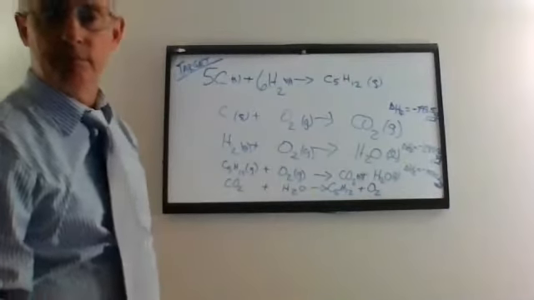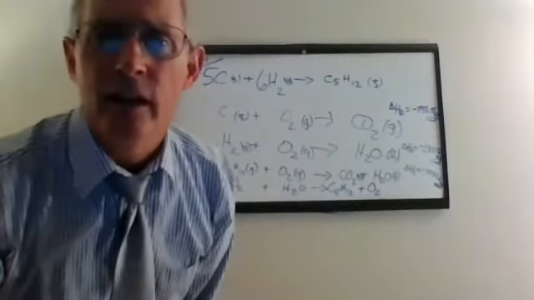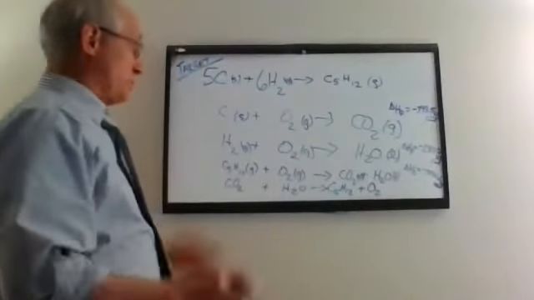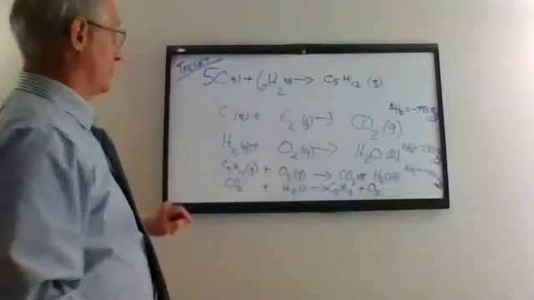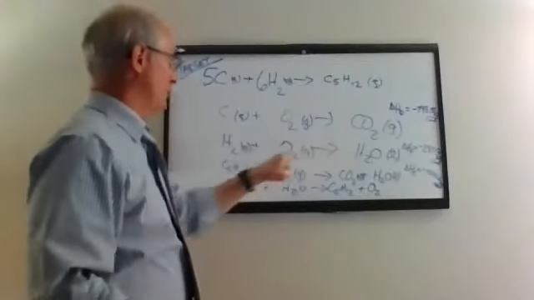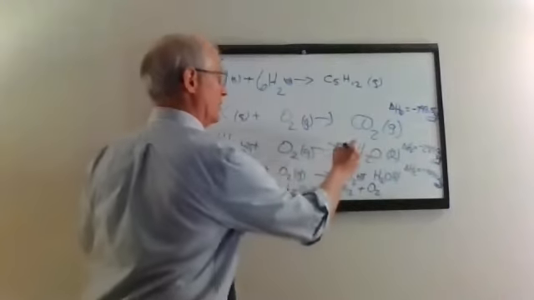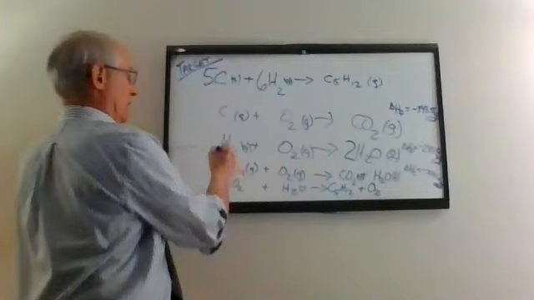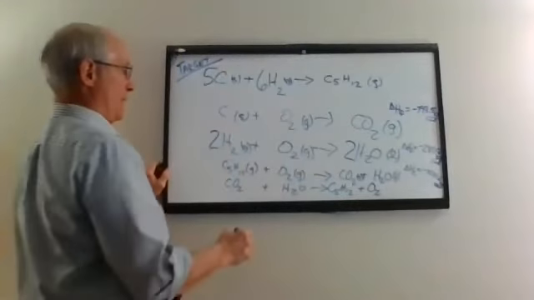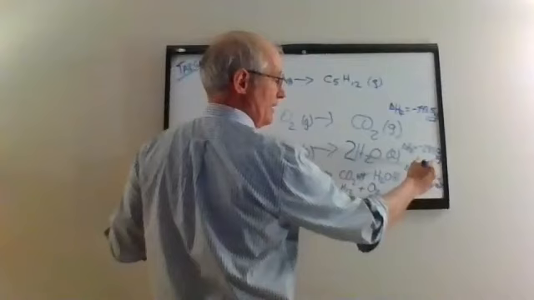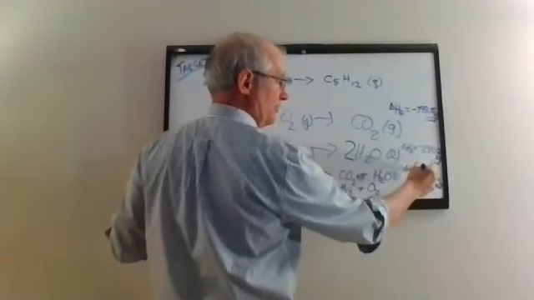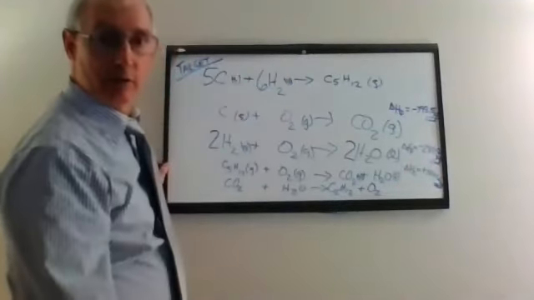Got that? Okay, now let's balance it. 1 carbon, 1 carbon, 2 oxygens, 2 oxygens. That looks good. 2 hydrogens, 2 hydrogens, 2 oxygens, 1 oxygen. That's balanced. And when I flip this thing, what do I do to that sign? I make it positive. Negative to positive.